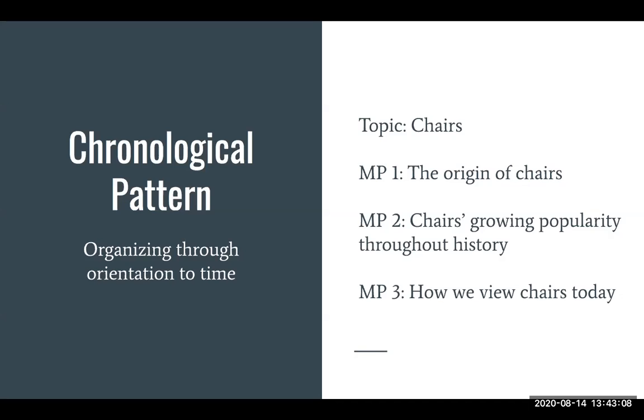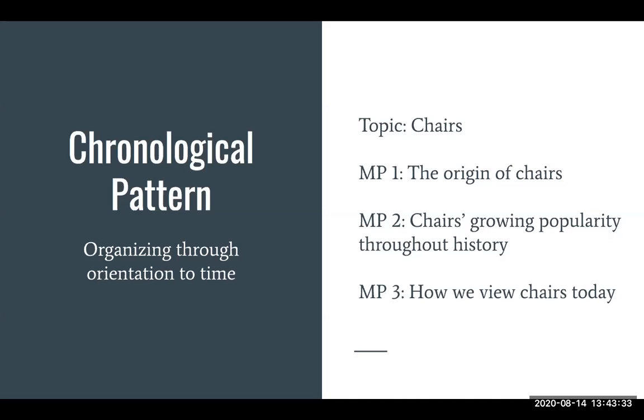The first is chronological. So with this, we're organizing and orienting in relation to time in some way or another. So for example, if our topic is chairs and the history of chairs, a very unique and novel topic, maybe for main point one, we would want to talk about the origin of chairs and how did they come about.